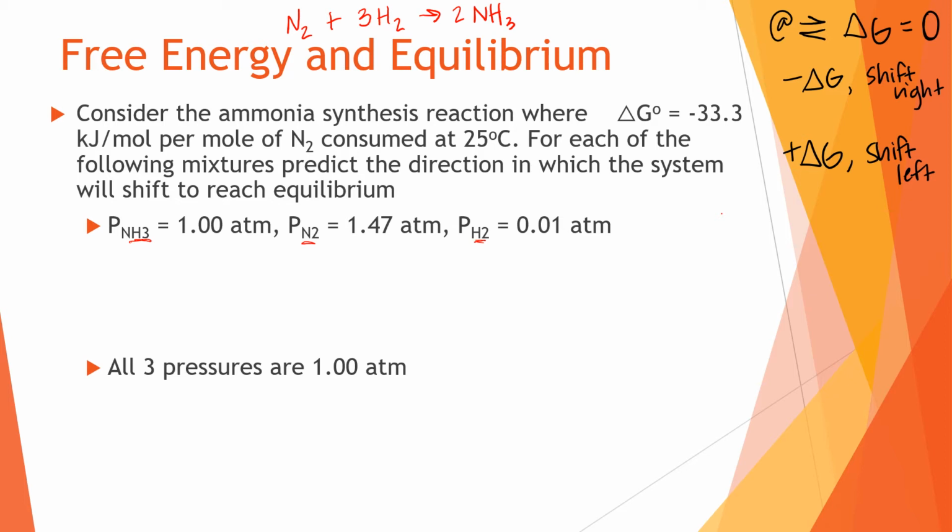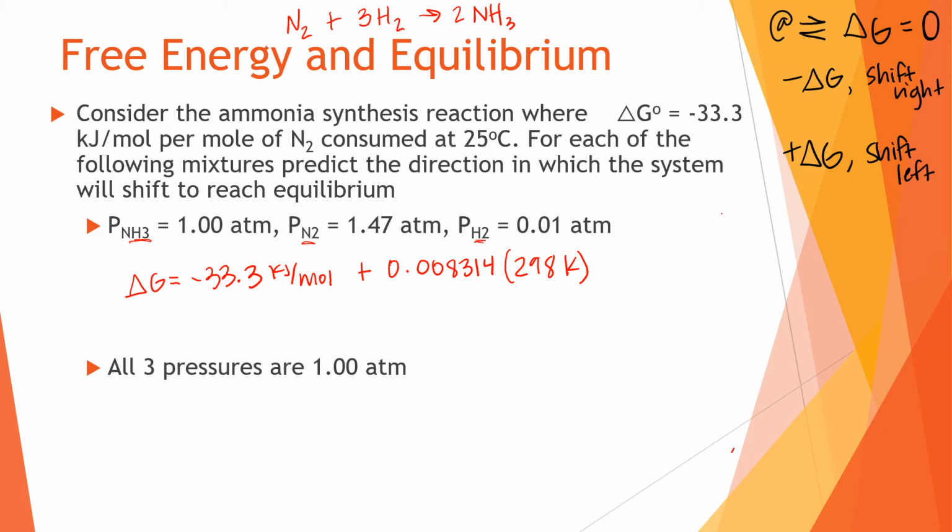Okay, so we're going to calculate delta G. We're given the standard, negative 33.3 kilojoules per mole, plus R, which is 0.008314, because we have to convert it to kilojoules. It's given to us in joules per mole Kelvin. Our temperature is 25 degrees Celsius, which is 298 Kelvin.